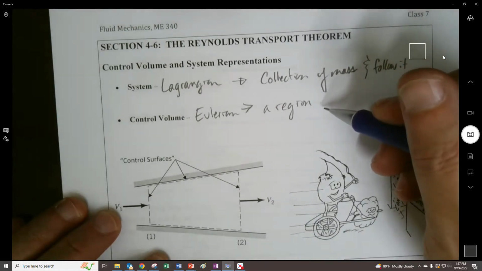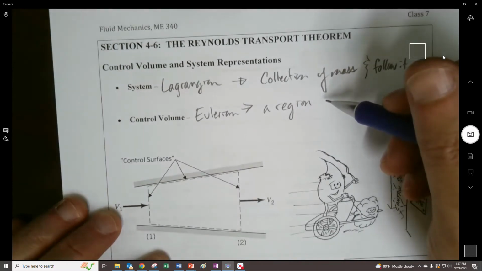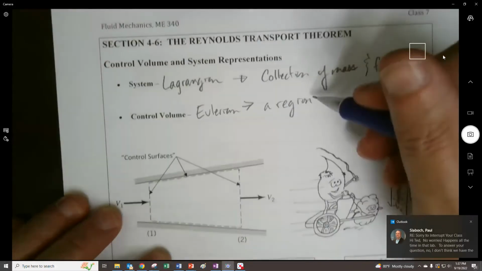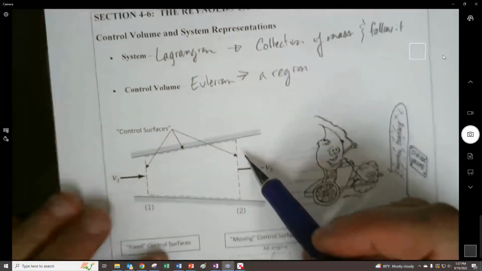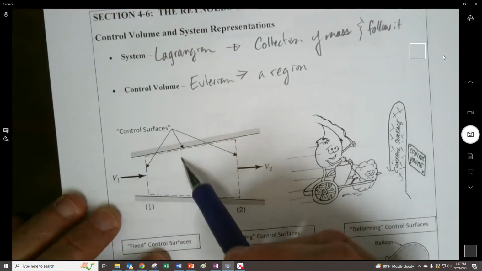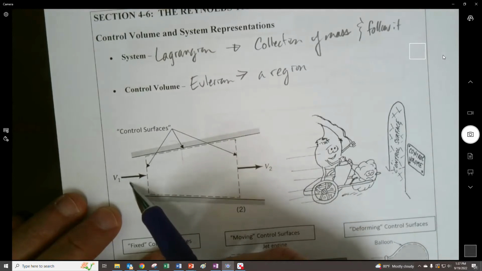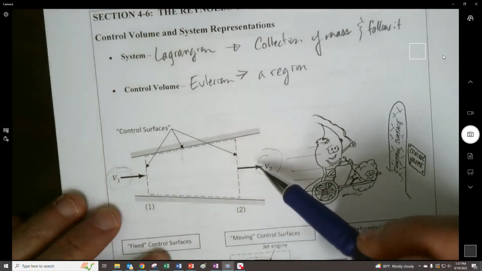That region doesn't necessarily have to be stationary, but it can be. It's made up of control surfaces, and not all control surfaces necessarily will have stuff pass through, but we will have things passing through there. Our main concern is the velocity as they pass through, and we'll see that.